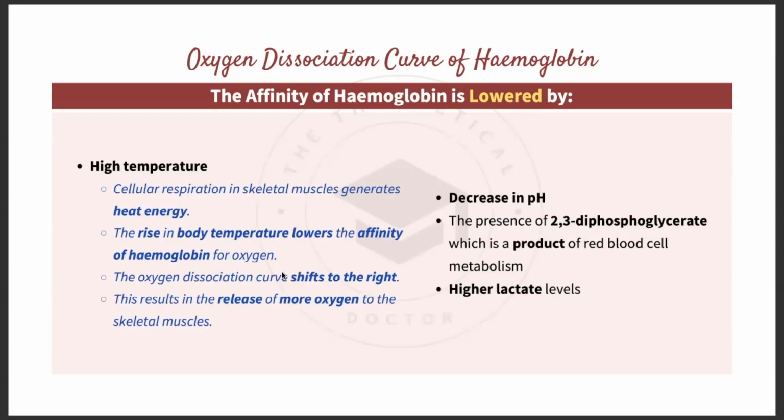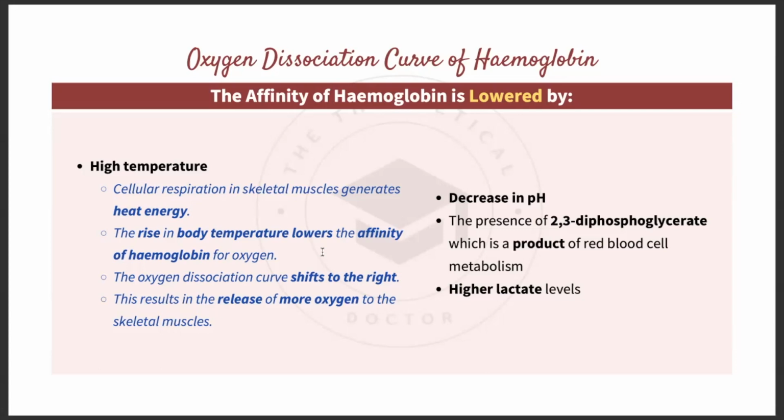There are other factors that affect the lowering of affinity of hemoglobin towards oxygen. Next would be high temperature. This can be seen where cellular respiration in skeletal muscles generates heat energy, maybe when the person is working out or moving a lot. You start sweating, and the body temperature increases. This contributes to the lowering of the affinity of hemoglobin towards oxygen.